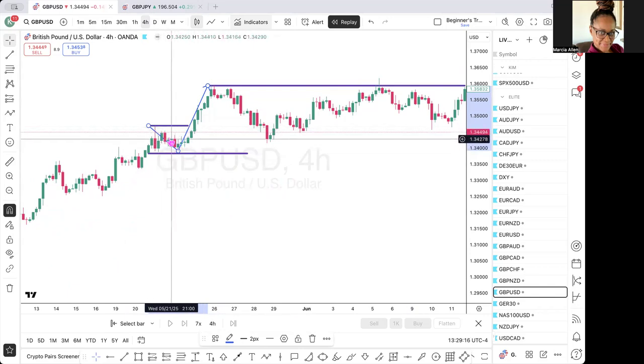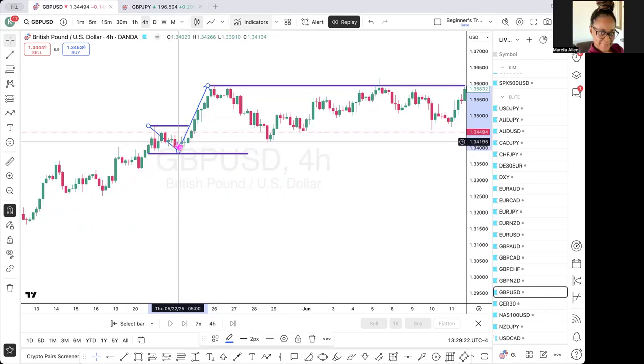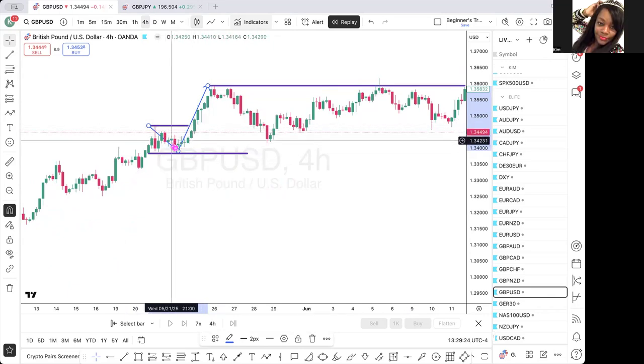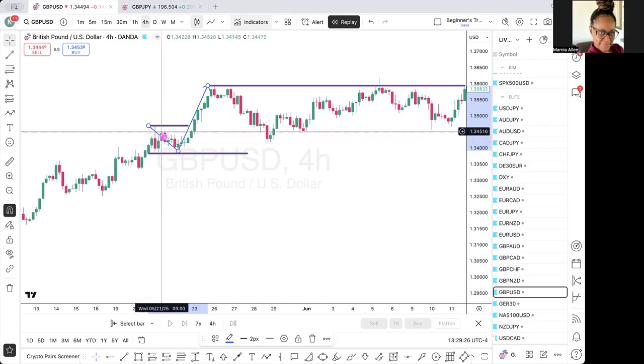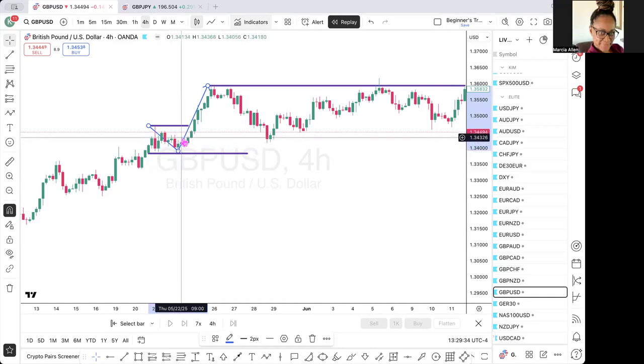Oh, wow. That red candle, that bearish candle that you saw on the daily, that is this move down right here. It moved down and then it pushed up.